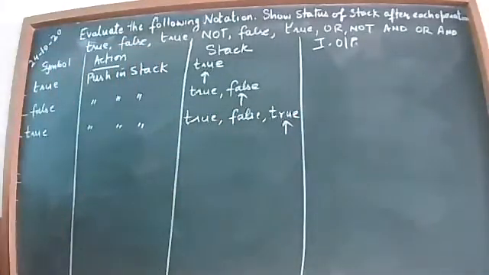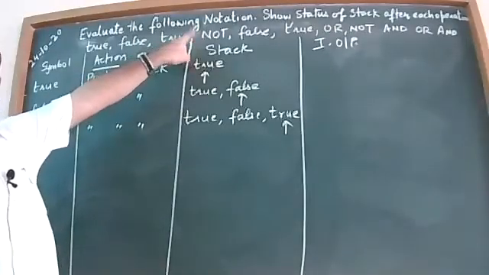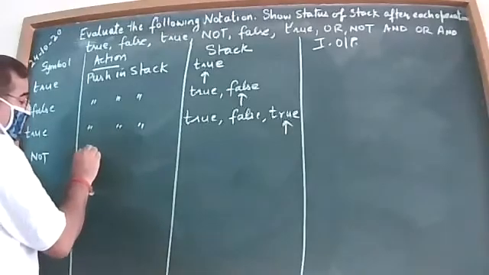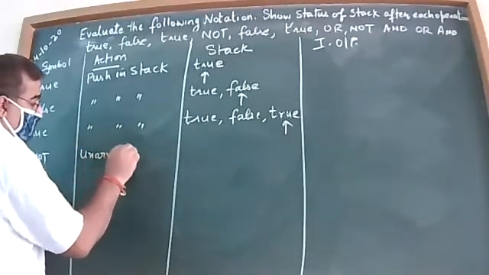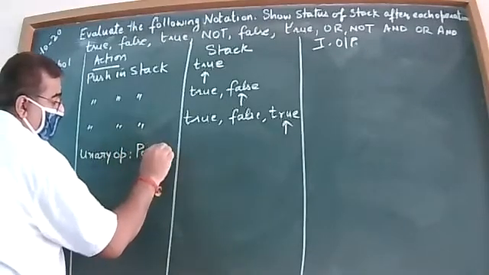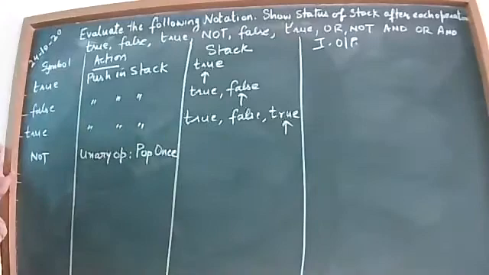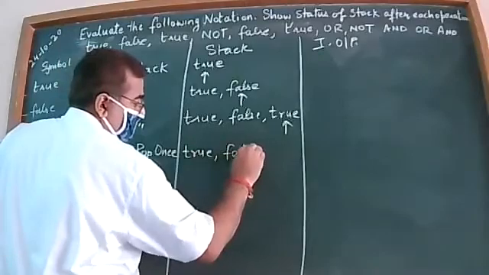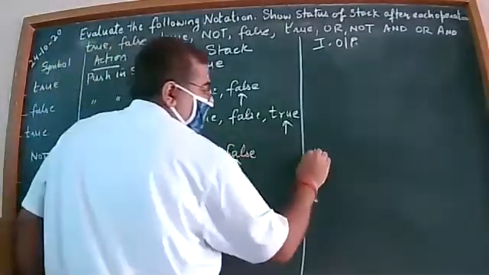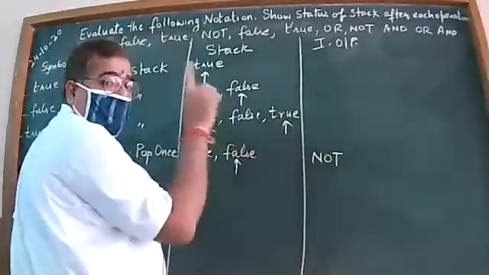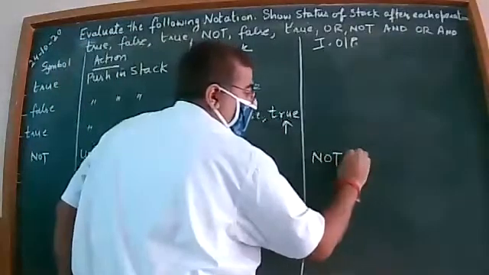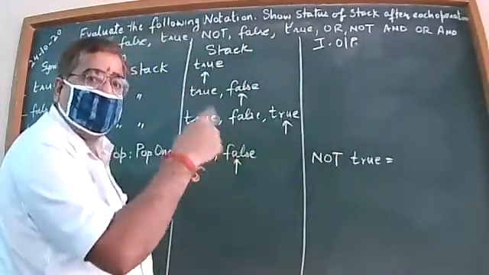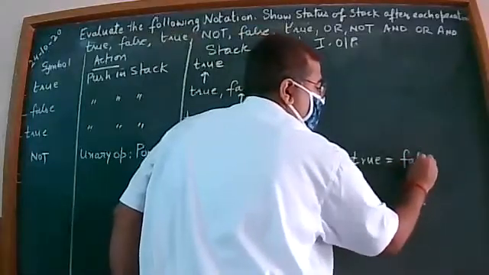Now see, first operator is coming, not. Not operator is coming. Unary operator. Pop once. So I pop only one element. Not, I pop true. Only one element is popped. Not true. The complement, the inverter of true is false.